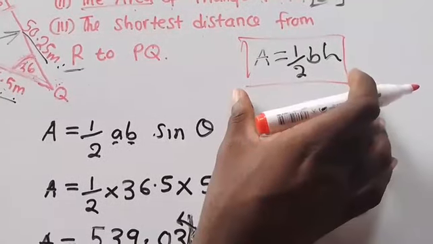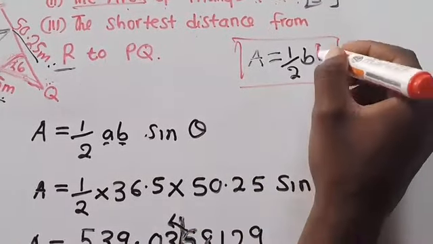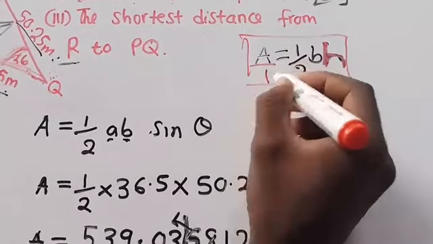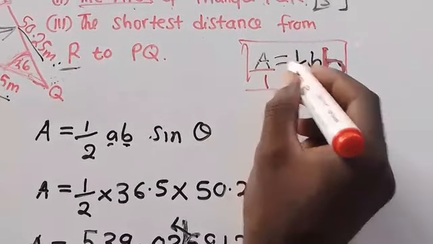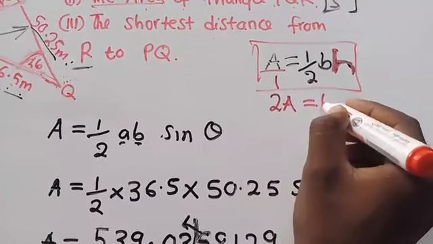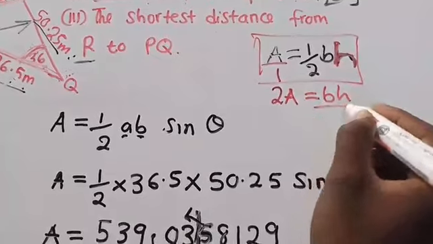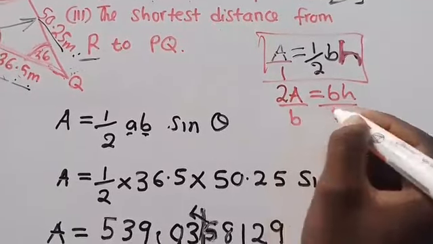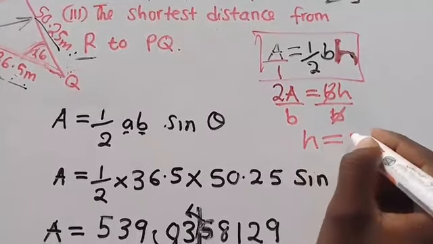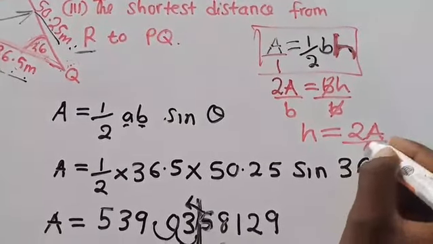The shortest distance in this case is this h. So you multiply by 2 and you have 2a equals bh. Then divide by b, so b cancels. You discover that h is equal to 2a over b.